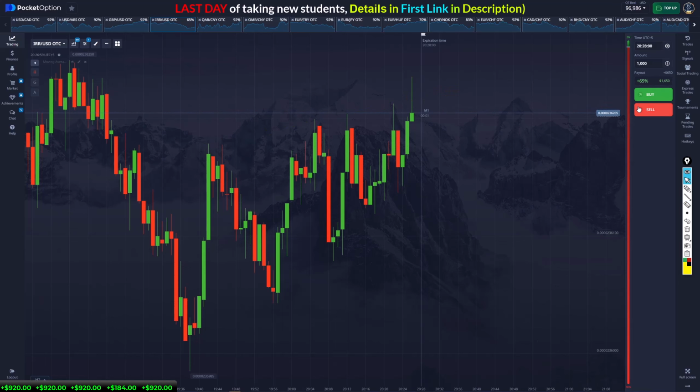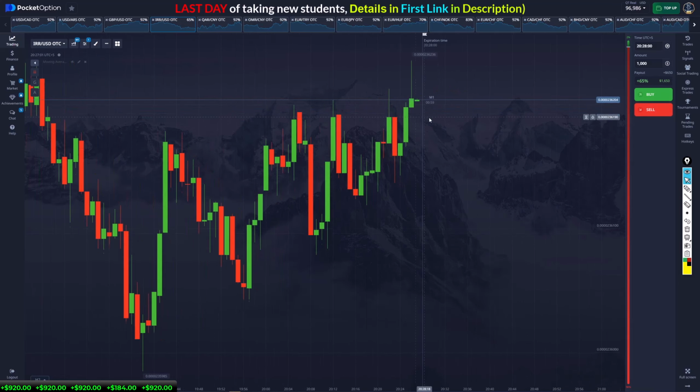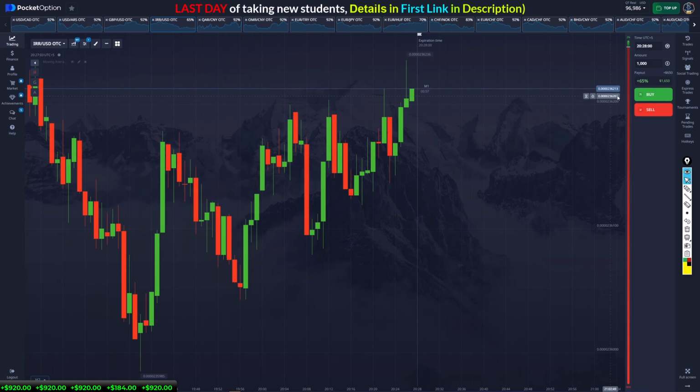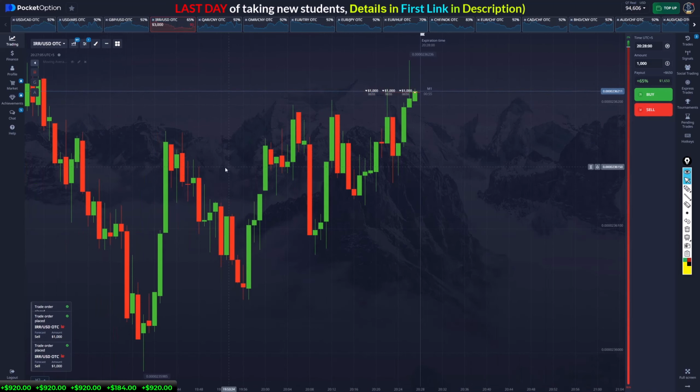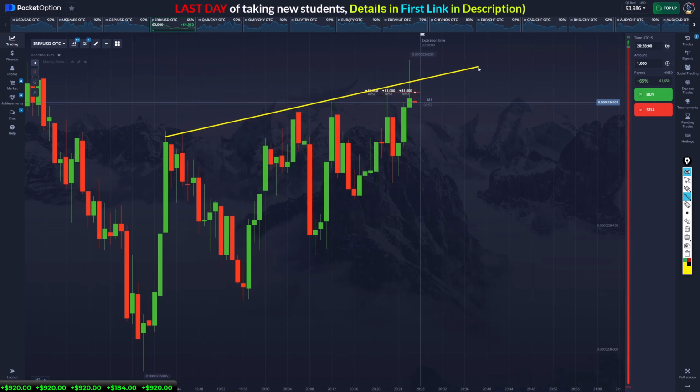Another common point of rejection I missed. Oh my god, this is okay. I got 3 trades on this one. Better entry would be here. I never catch the better entries.